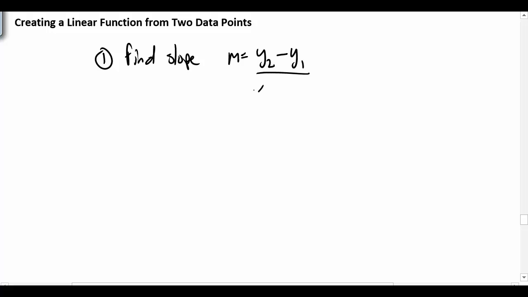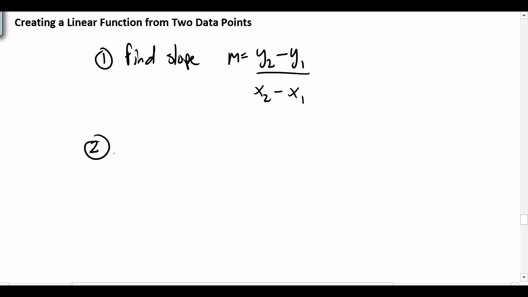Okay, so let's talk about a general strategy on how to write a linear equation given two data values. We'll break this down into steps. Step 1, find the slope, which is that formula, slope equals y2 minus y1 over x2 minus x1.